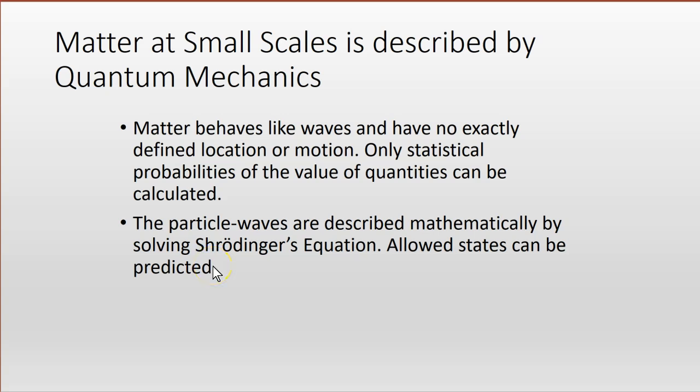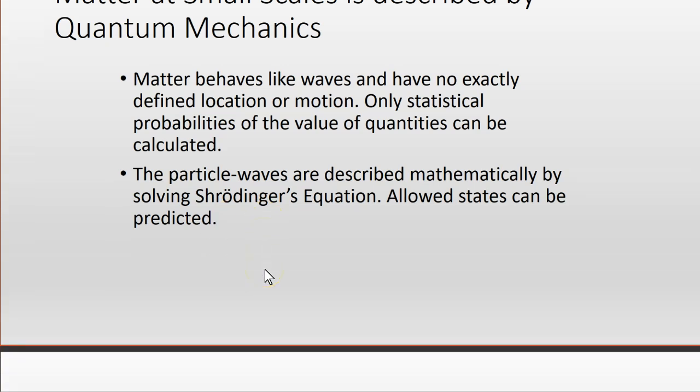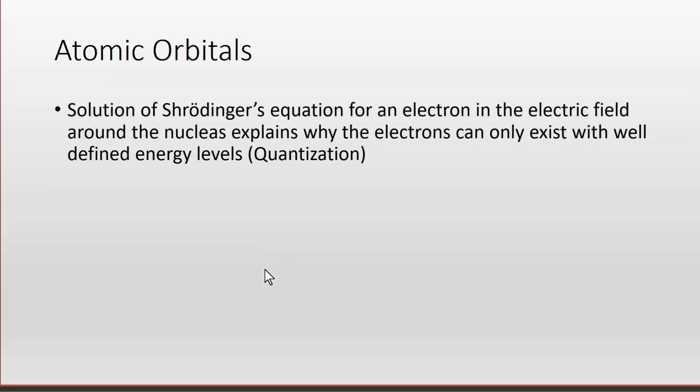We can apply the theory to atoms by solving Schrodinger's equation for the potential well created by the electric fields around the nucleus. And this predicts that, indeed, there are only certain configurations in which the electron is stable.